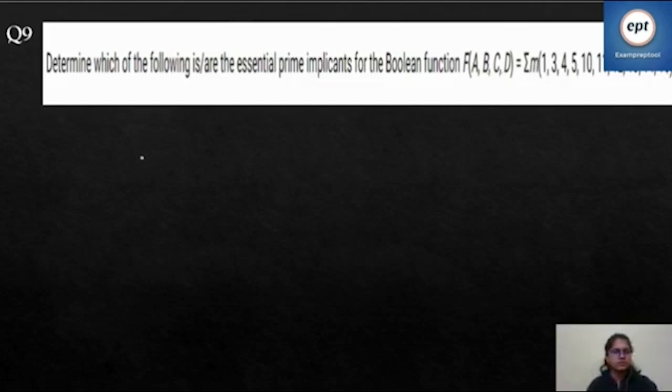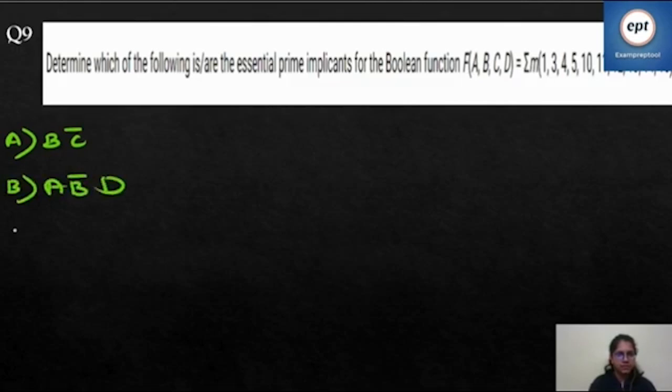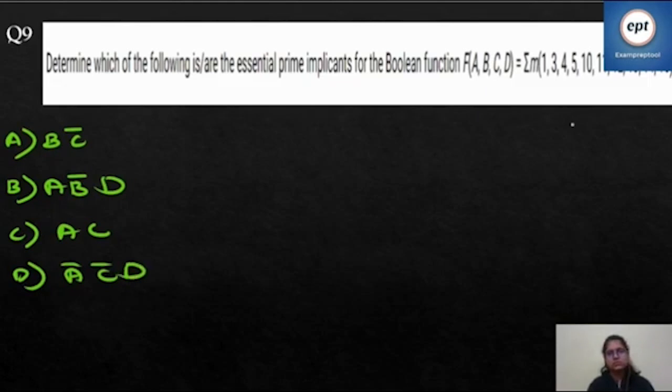Option A is B C bar, option B is A B bar D, option C is AC, and option D is A bar C bar D. So you have to find the essential prime implicants for this. For this, we have to make the K map. The variables are given here as 4, so we will make 16 blocks. It will be 4 cross 4.